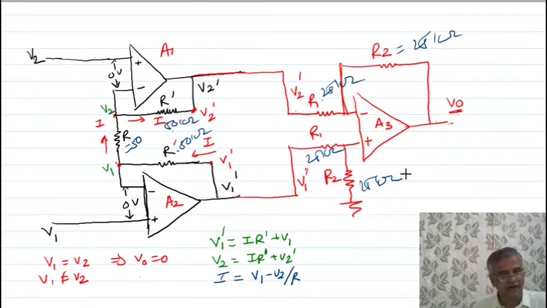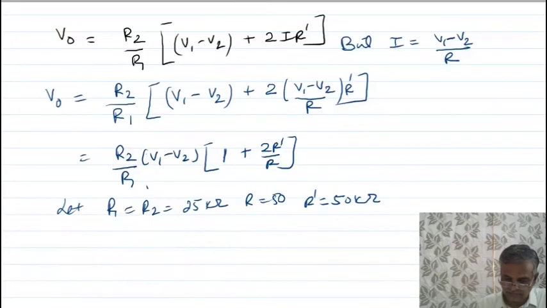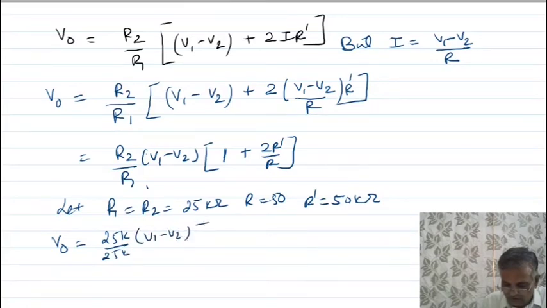Then what will be my output voltage? Let us check what will be the output voltage. So let us put the value. So the equation of output voltage, this is 25k upon 25k, V1 minus V2, this is 1 plus 2 into R dash.